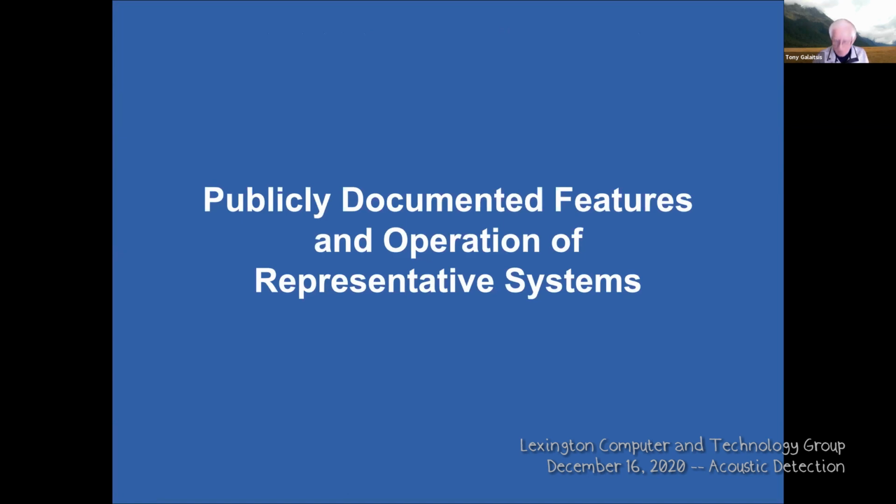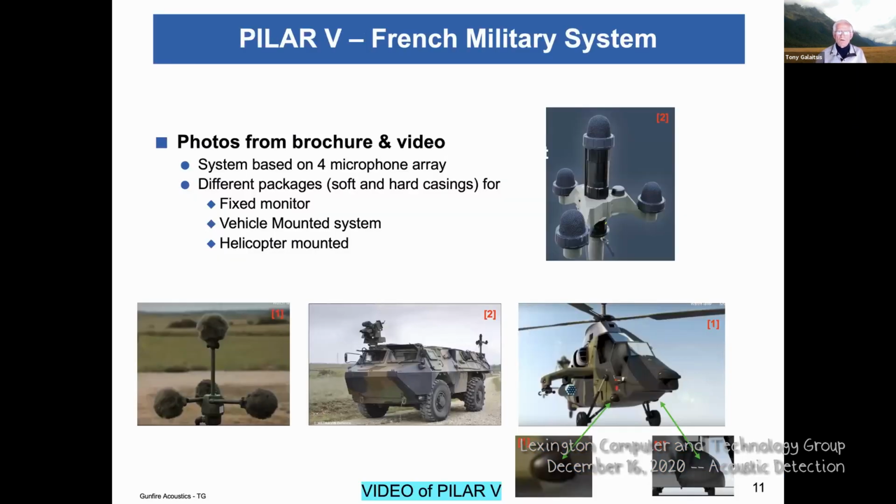So let's see, the publicly documented features and operation of representative systems. If we look at the French system first, PILAR V, it's called, and it is based on this. So at this point, what I want to do is stop sharing this and choose something else.